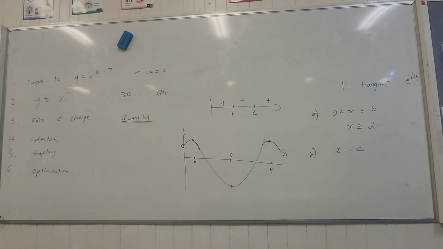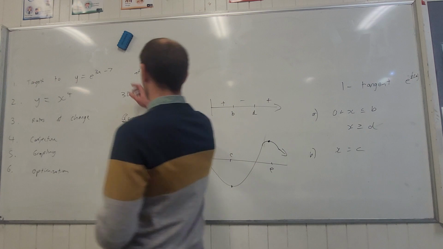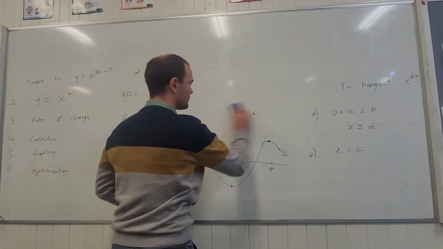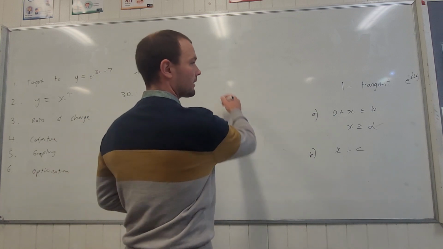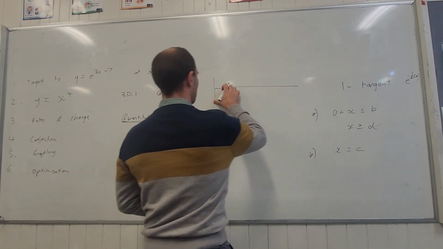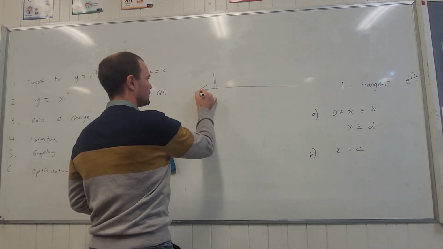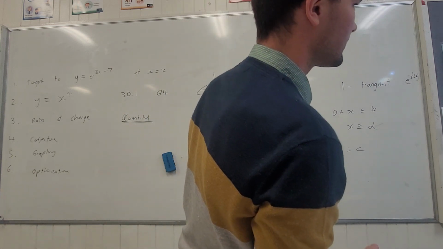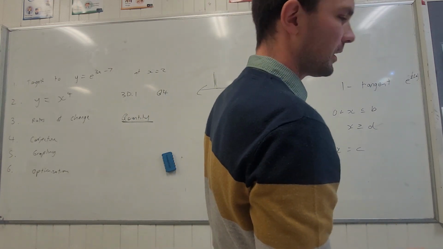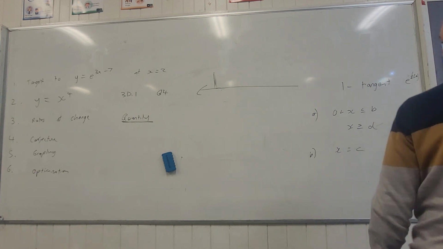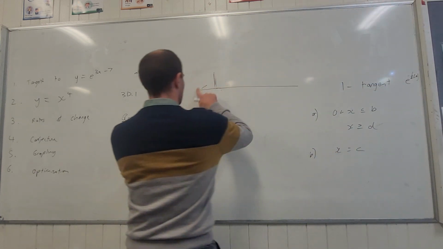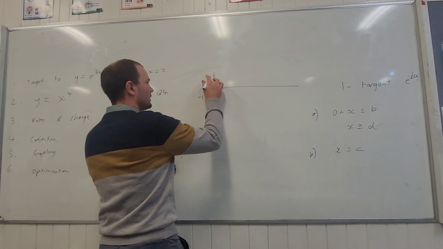Alright, on to the next one. On the axes below, sketch a graph of the first derivative of this function. Okay, so if that's our function, and we want to sketch a graph of the derivative, we should draw a sign diagram. It starts at x is minus 1, so maybe I'll put that there.